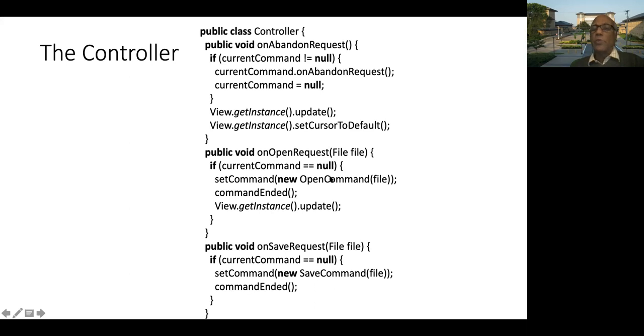On open request, we create an open command, and that actually opens the file specified here, and there is nothing else to do, right? That becomes the new drawing. And save does something very similar, except that it is now saving the drawing into this file.